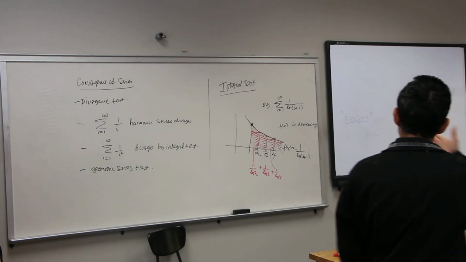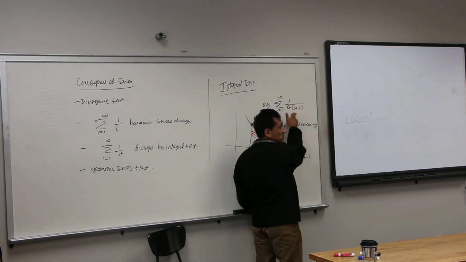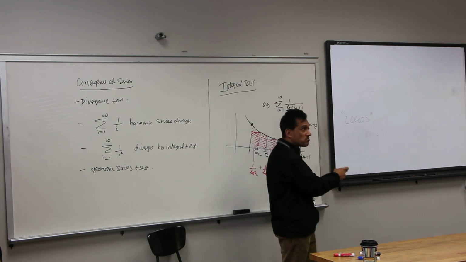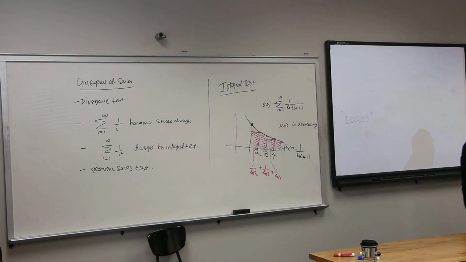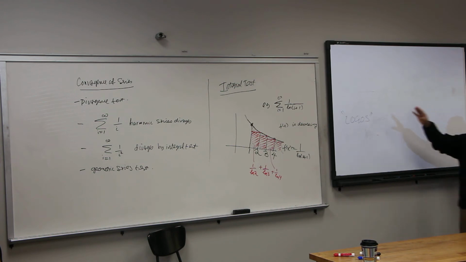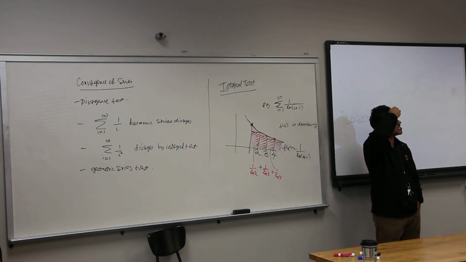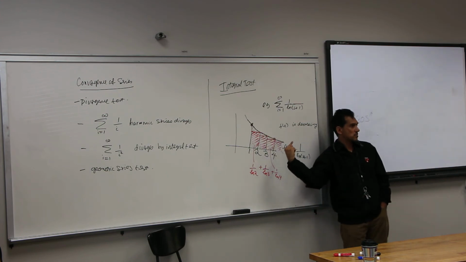You're going to look at what sequence you are adding, make it a function, show that your function is decreasing, and then look at the series that you want. Do you have a hunch that it converges? Then you want to be shoving those rectangles underneath.